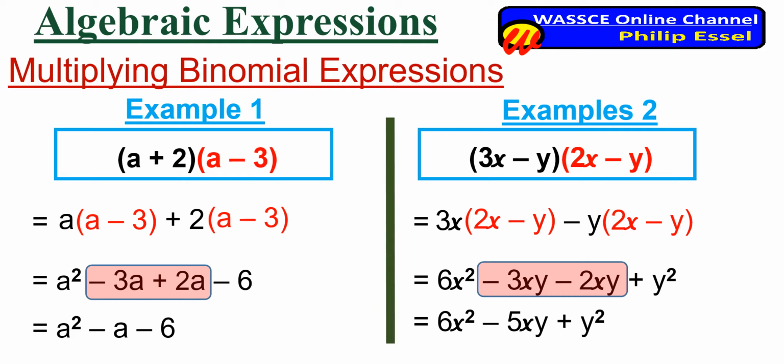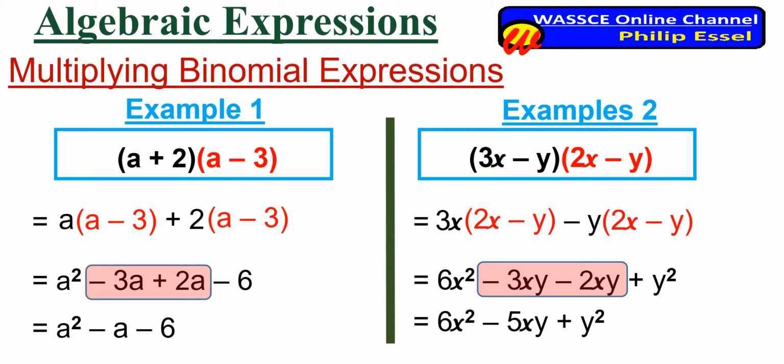What this means is that our expression will now become 6x squared minus 5xy plus y squared. So that would be our final answer.